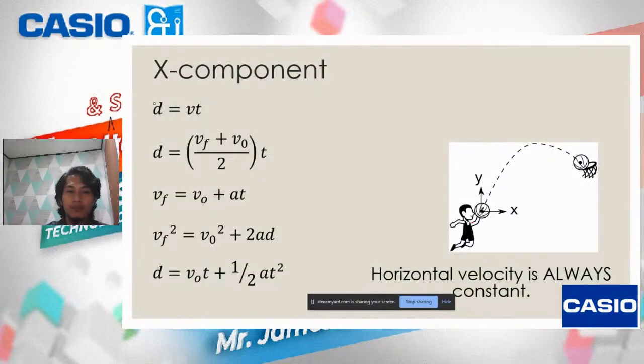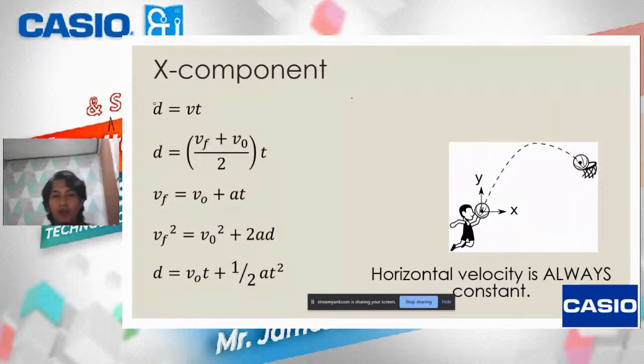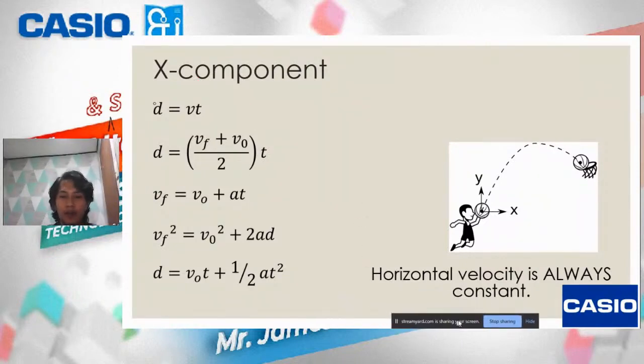Okay? So, tingnan muna natin kung alin sa mga kinematics equation ang gagamitin natin for X component. Okay? Remember that sa ating X component, by observation, okay, the velocity or the path of our ball, let's say for example, this one is constant at X component.